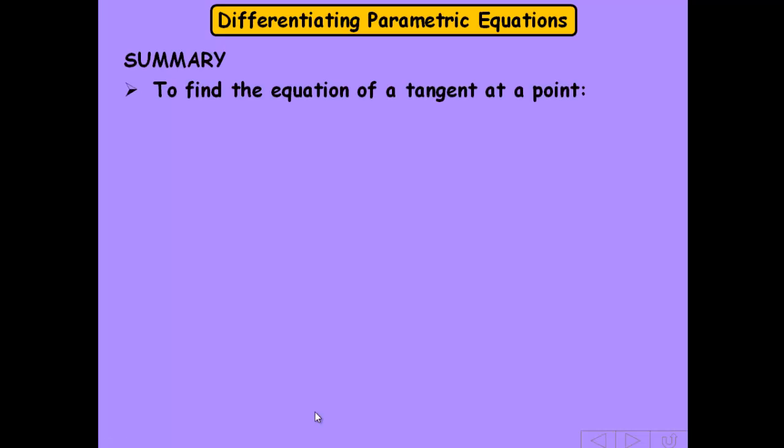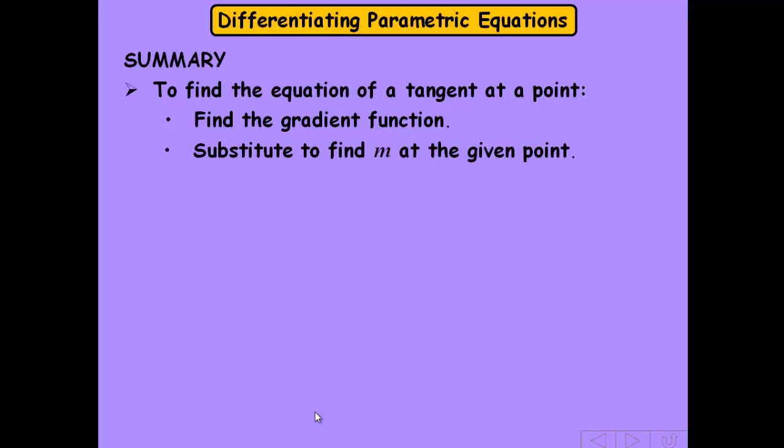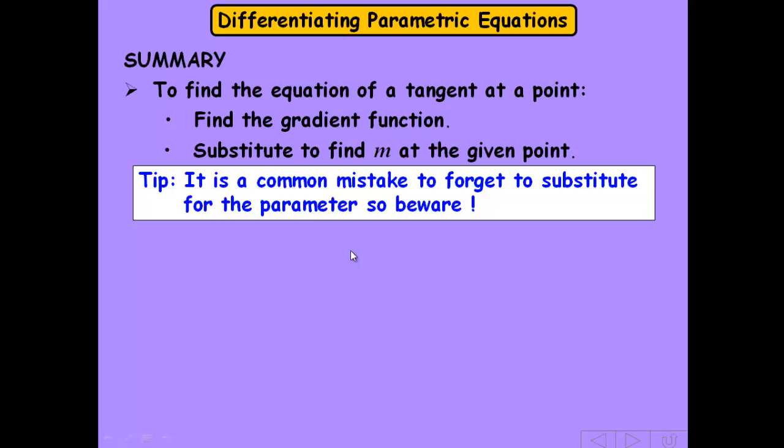Okay, so to summarise, to find the equation of a tangent at a point, we find the gradient function by differentiating the parametric equations, find dx/dt and dy/dt, and then use the chain rule, remembering to flip the dx/dt term. We substitute the t value to find m.